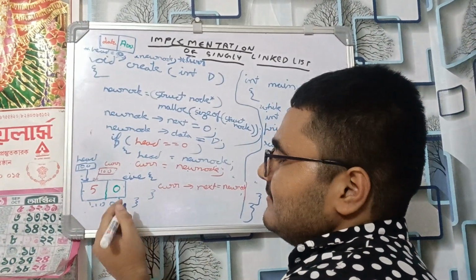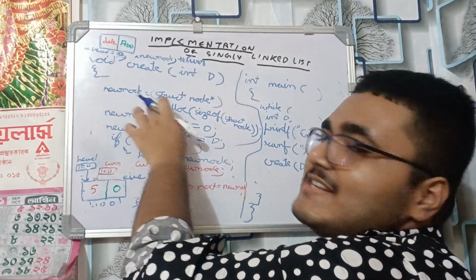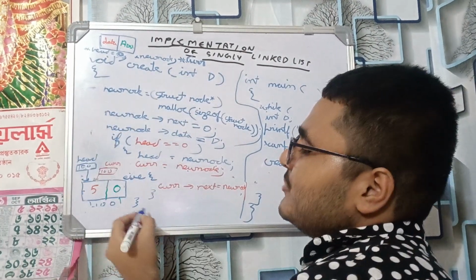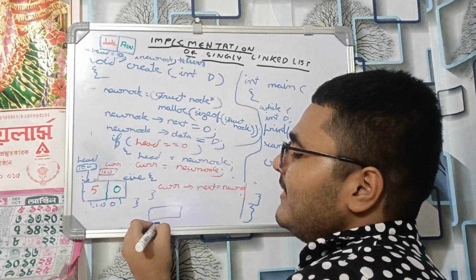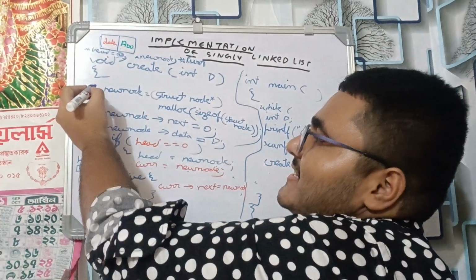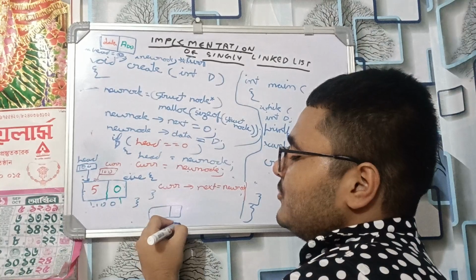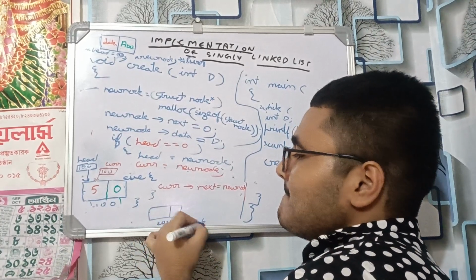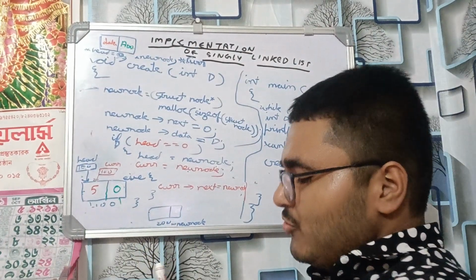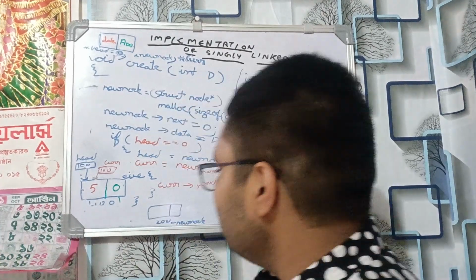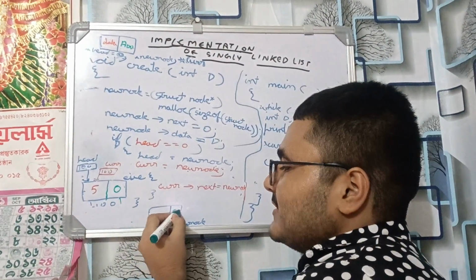So new node, first I am starting with this line. New node is created, 200. Fine. This line has executed, 200. New node is pointing to this one. Fine. New node's next is equal to 0.